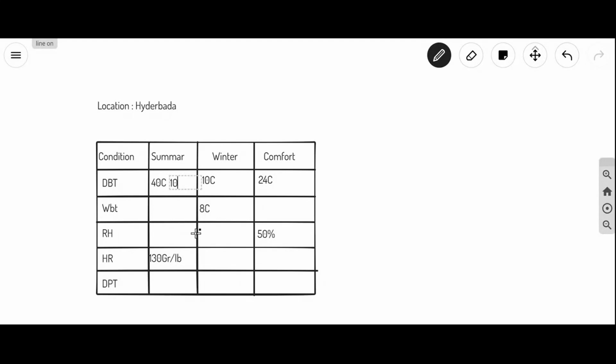This is 104 degrees Fahrenheit. Wet bulb is 75, 82, 75. RH 40% and DPT 74 degrees Fahrenheit, right? Yes, sir. Winter. Sir, my WBT is 82.